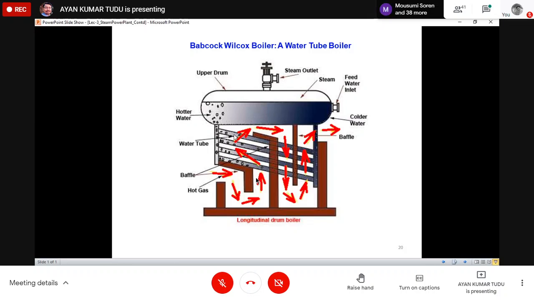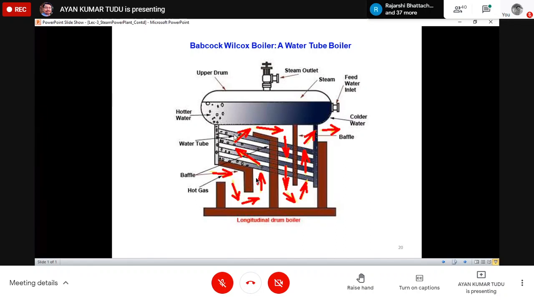And these water tubes require more careful attention compared to our previous fire tube boilers. That's why the maintenance cost of this water tube boiler is much higher compared to our fire tube boilers.